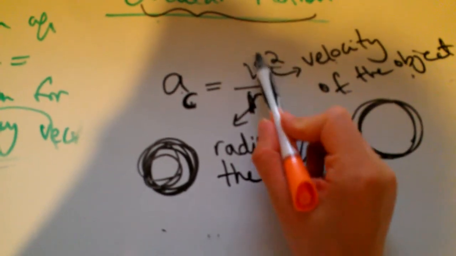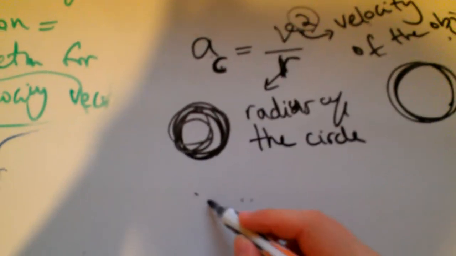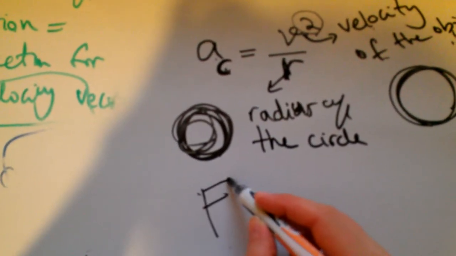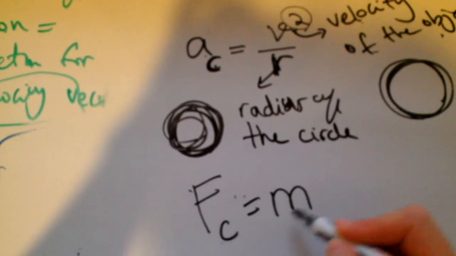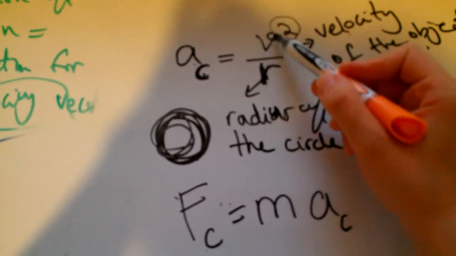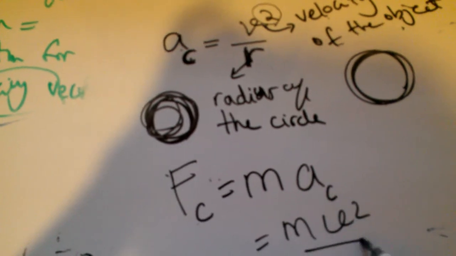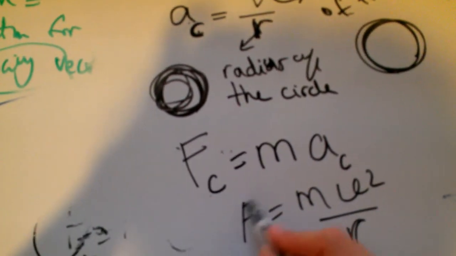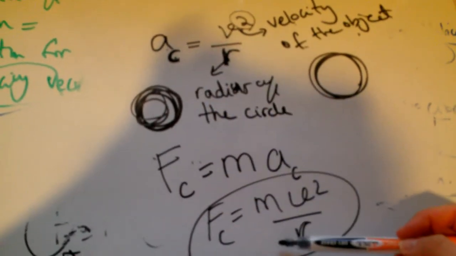Now you have to remember you have to square it and then divide it by the radius. As for the centripetal force, I always told you F equals m times acceleration. What is centripetal acceleration? v squared over radius. So this is centripetal acceleration, and this is centripetal force.